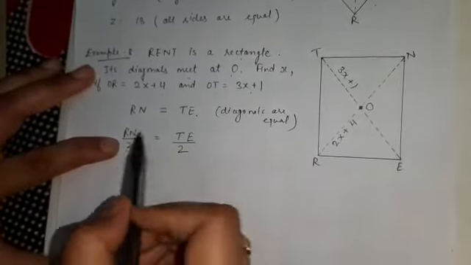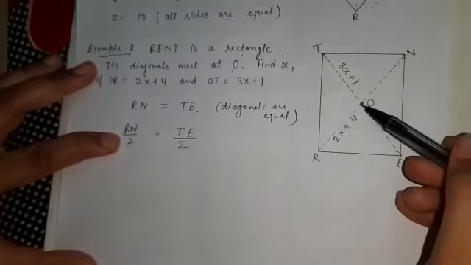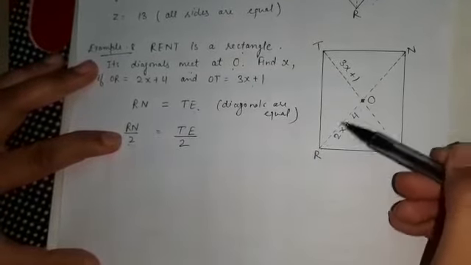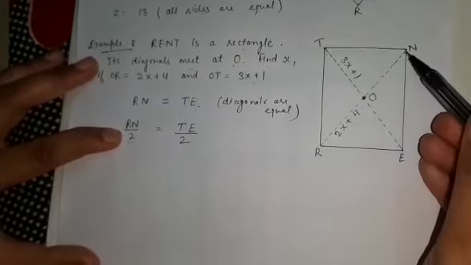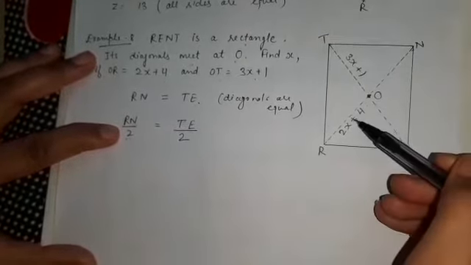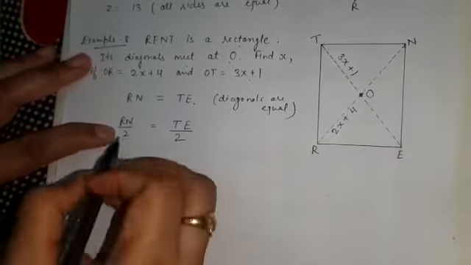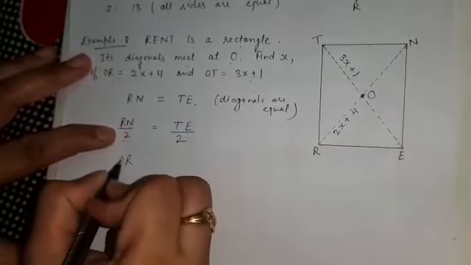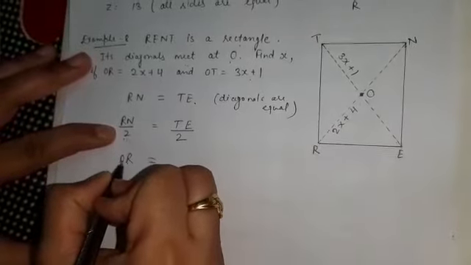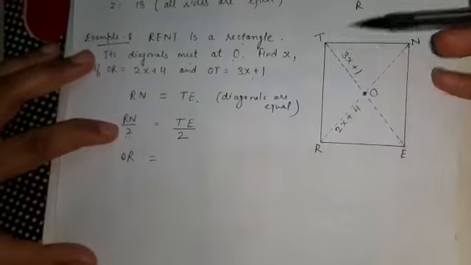What is half of RN? This is the side RN, and half of RN is RO. ON is also half of the diagonal, but I am not taking this part because the side is mentioned here. That's why I am taking OR. So this will become OR, and half of TE is OT.